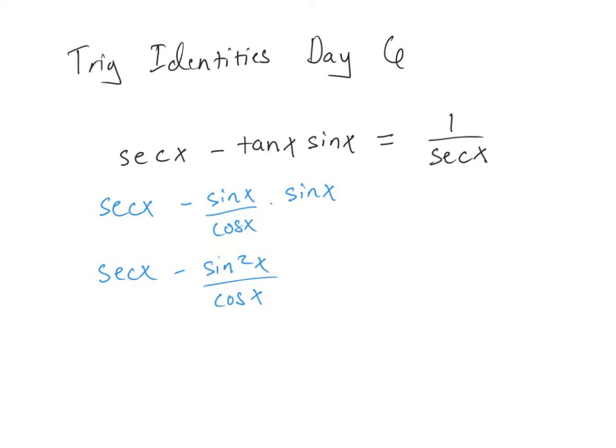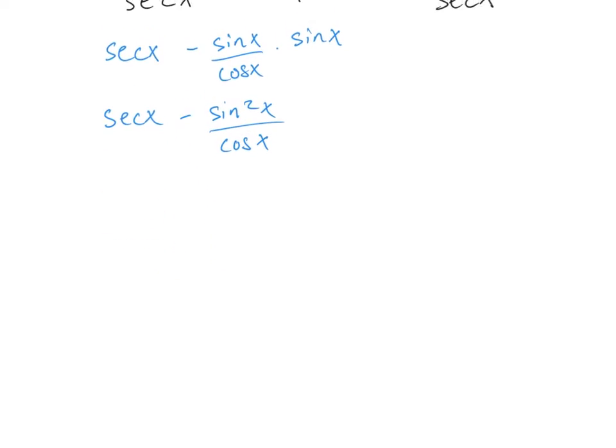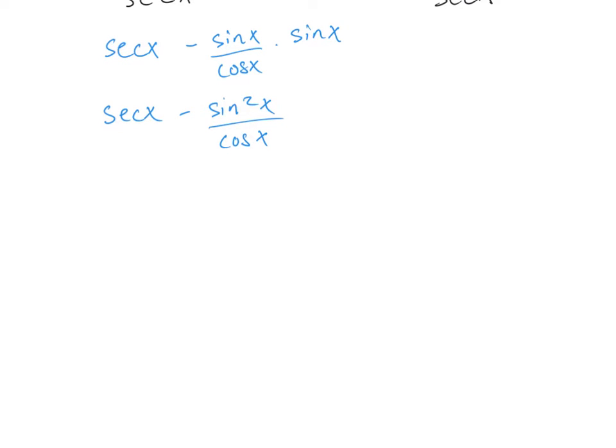Okay, I know sine squared of x is equal to sine of x times sine of x. I could also change the first one. Since I want all the functions to be the same, secant of x is the inverse.